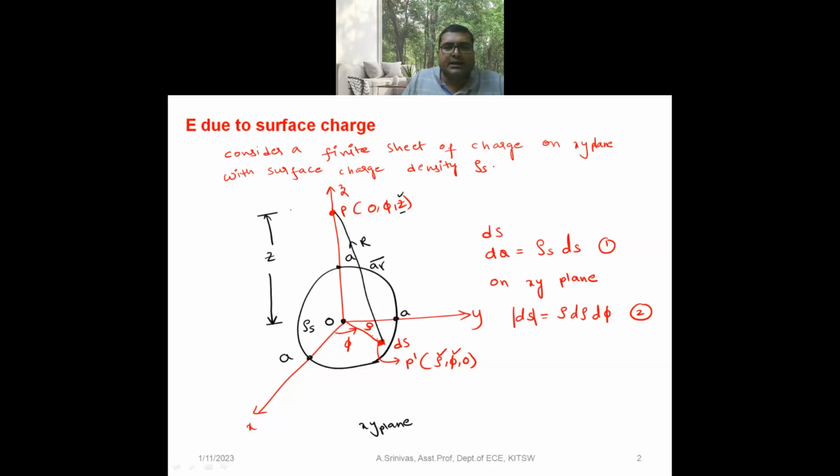Before calculating the electric field due to complete sheet of charge, we considered a differential element ds.